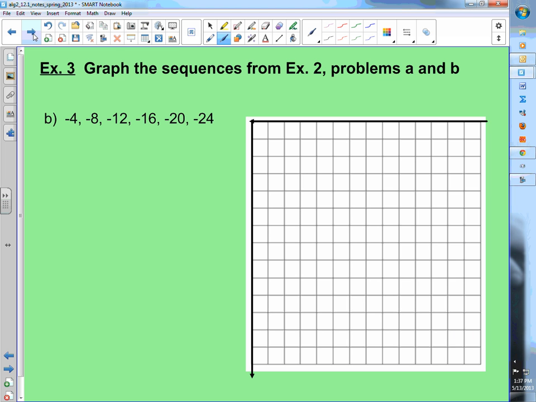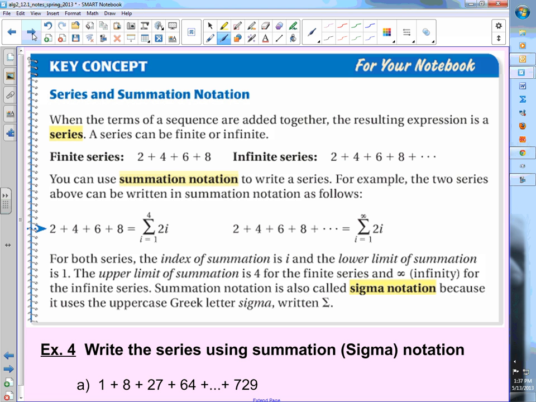Now, the graphs, you don't have to worry about those. But you do have to learn this notation. This is called series or summation notation. This capital Greek letter, that's a capital S actually in the Greek alphabet.